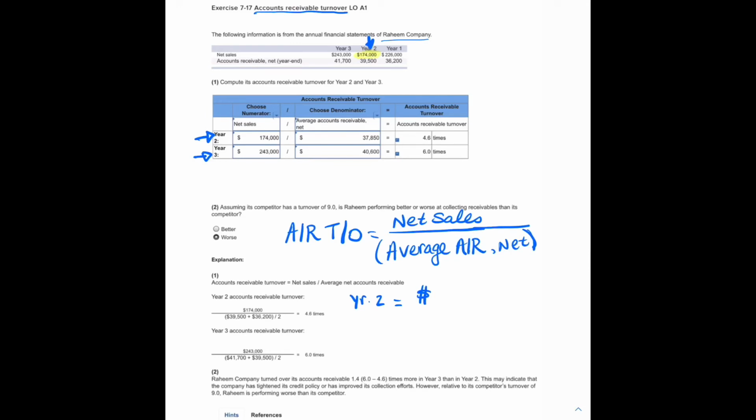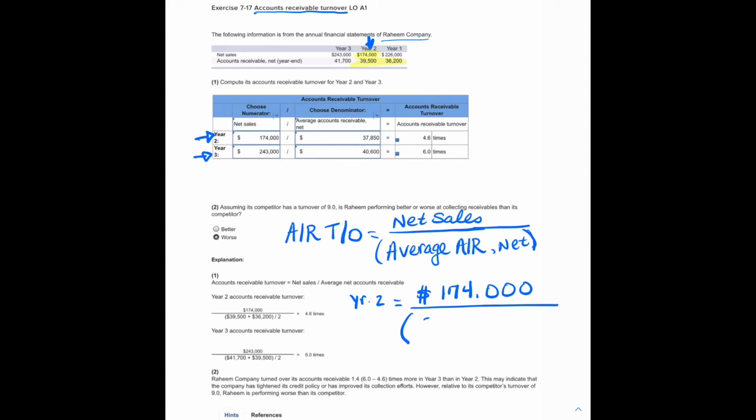It's just $174,000. So I'll just drop that straight into my formula, and then I will divide by my year 2 and my year 1 ending accounts receivable. And you'll find those numbers right here that are now highlighted in yellow.